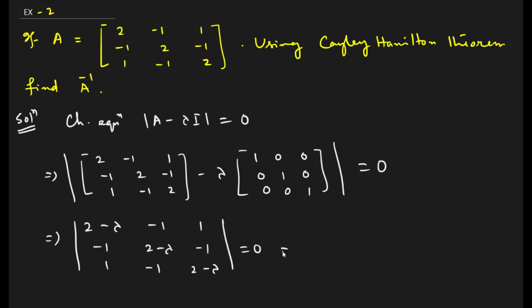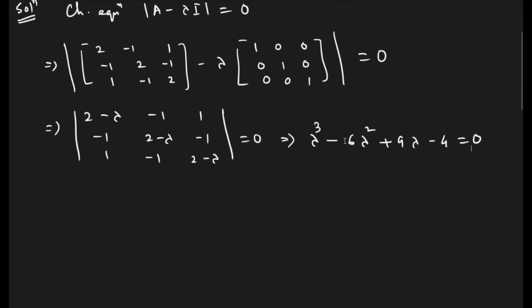Now you expand this determinant. After expanding this 3 by 3 determinant, you will get lambda cube minus 6 lambda square plus 9 lambda minus 4 equals 0.